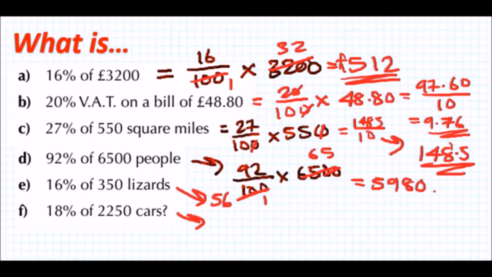Likewise, 18% of 2250. I might as well just do this. 18 over 100 times 2250. Cancelling a 0 each, or dividing by 10, you've got 18 over 10 times 225. You can cross simplify this one, but it's better not to. Actually, it's better to do it. Halving both, you can get 9 over 5.